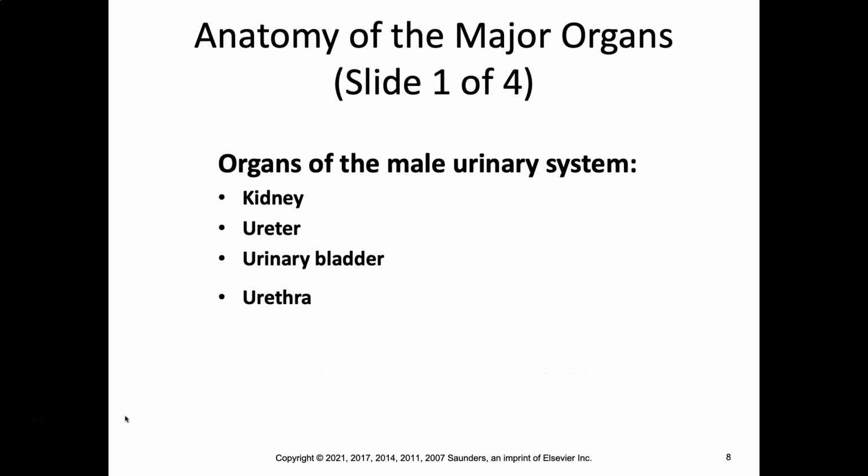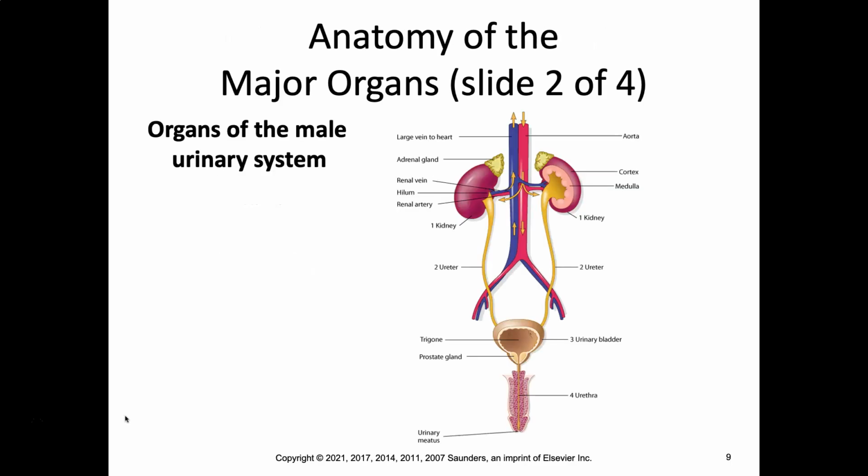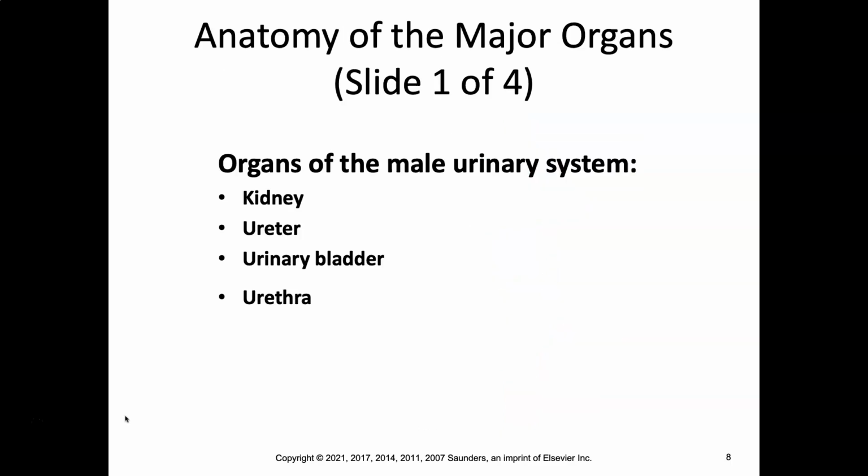So if you look on page 205 in your book, you'll see figure 7.1. And I'll bring this up here as well. This is the male urinary system, and it's going to show you all of the different parts to it. On this previous slide, it talked about how the urinary system is made up of your kidneys, urinary bladder, and urethra.